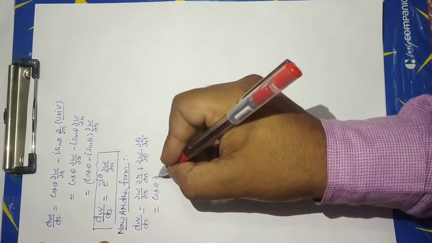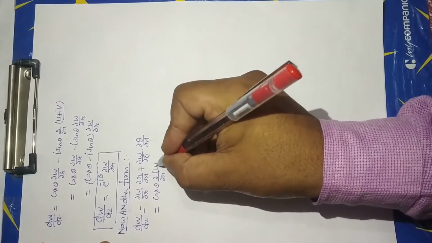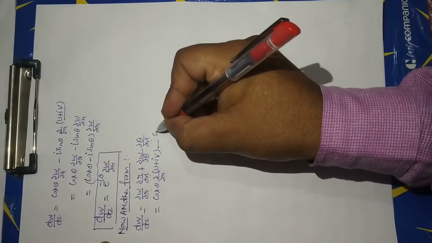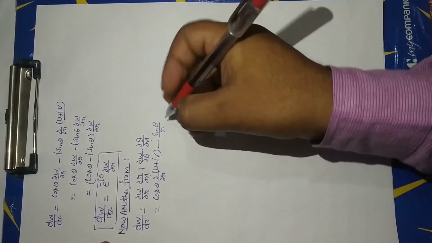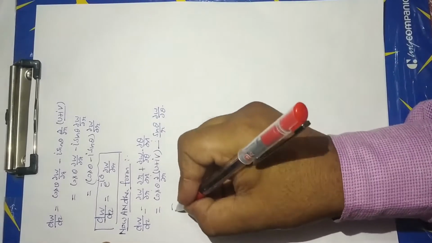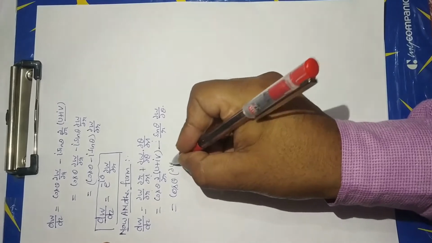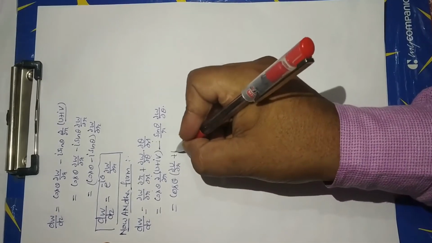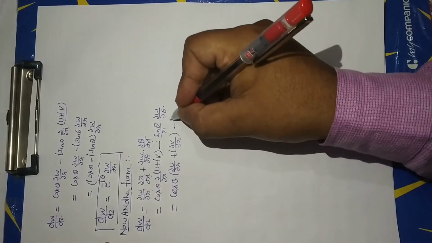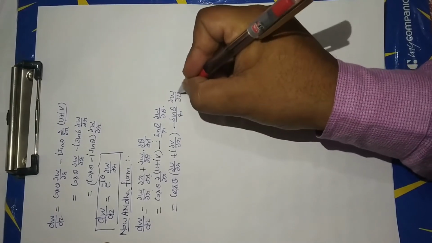Now break del W upon del r. The value of W is u plus iv. And del theta upon del x has the value minus sin theta upon r. Now del W upon del theta as it is. Cos theta, del u upon del r plus i del v upon del r, minus sin theta upon r del W upon del theta as it is.